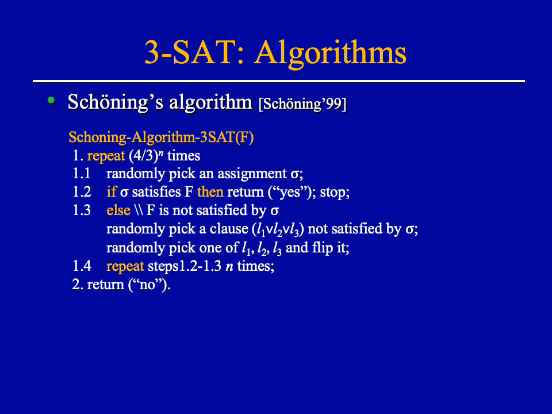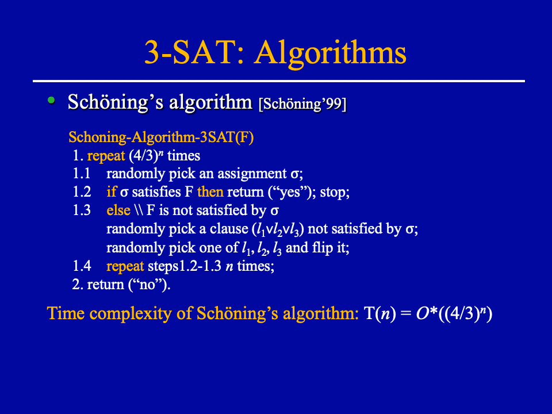Here's basically the algorithm. We are not going to get into the details of this algorithm. Instead, we conclude that if you use this algorithm to solve the 3-SAT problem, then the complexity of this algorithm is 4 over 3 to the n. So basically, this is 1.333 to the n.